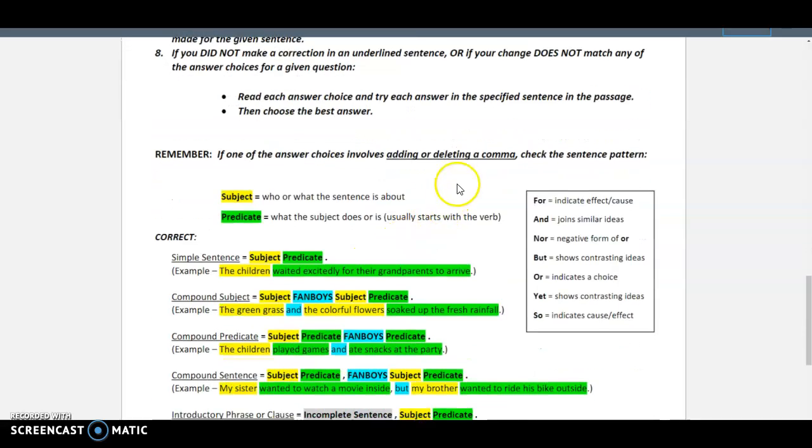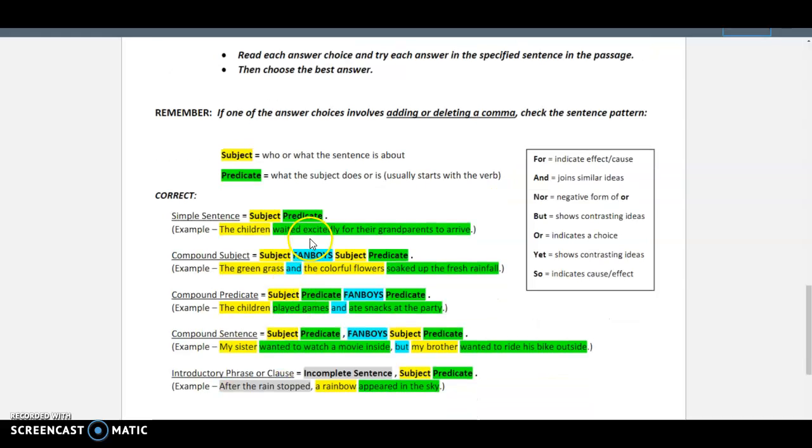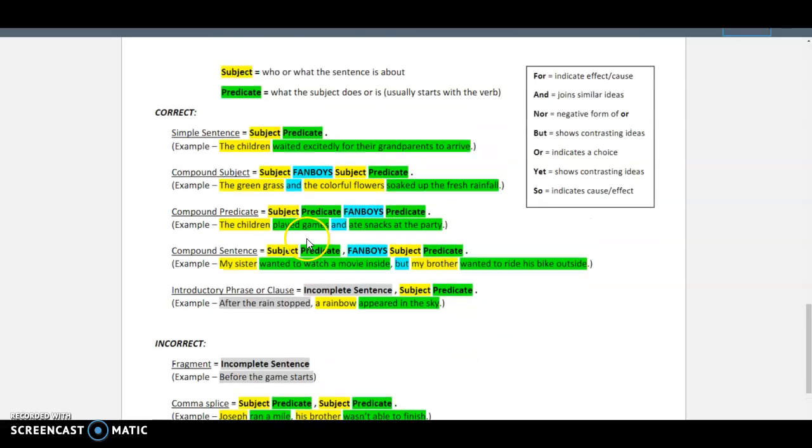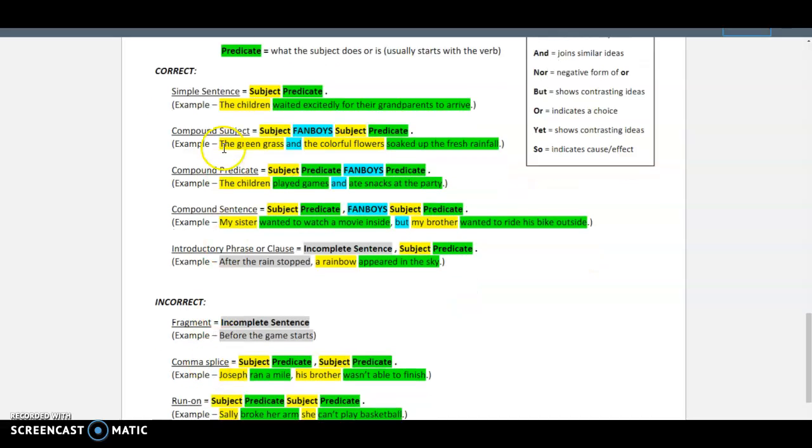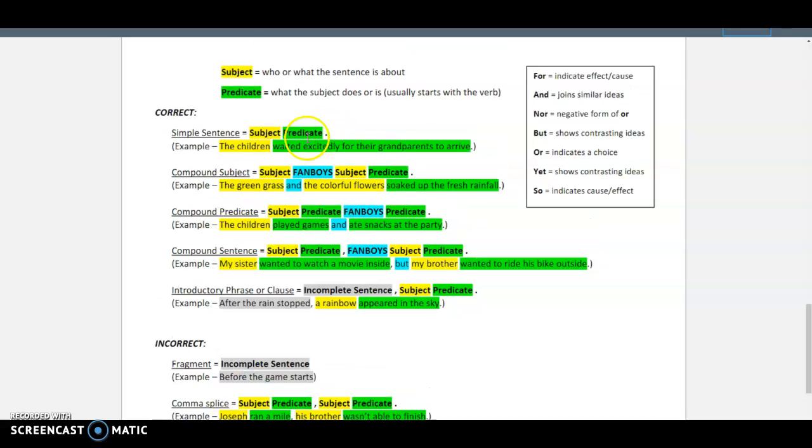If it's asking you about grammar, punctuation, in this case it's talking about commas, check the sentence pattern. And what you have here is a visual of what is right and what is wrong when you write sentences.